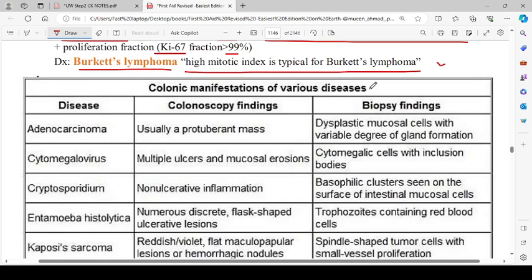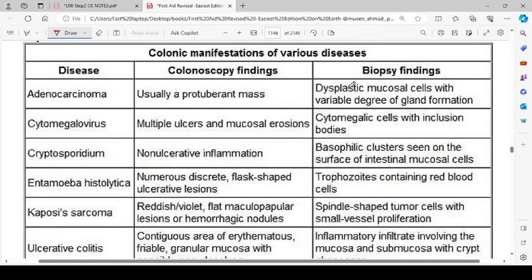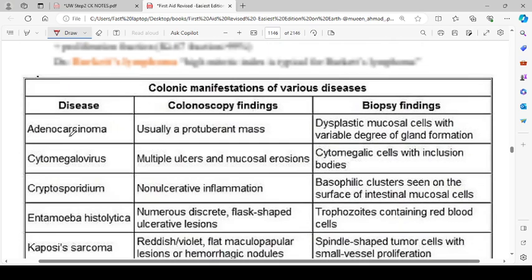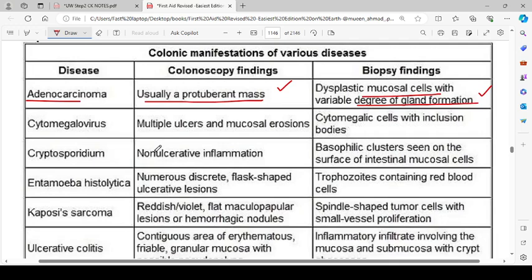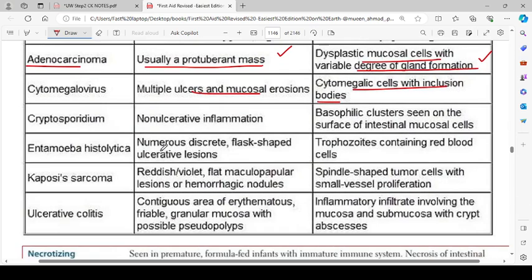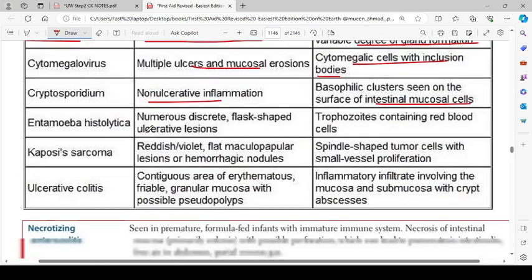Okay, so colonic manifestations of various diseases. In adenocarcinoma, the colonoscopic finding is usually a protuberant mass, and biopsy shows dysplastic mucosal cells with variable degree of gland formation. Cytomegalovirus: multiple ulcers and mucosal erosions, and cytomegalic cells with inclusion bodies. Cryptosporidium: non-ulcerative inflammation, and basophilic clusters seen on the surface of the intestinal mucosal cells.